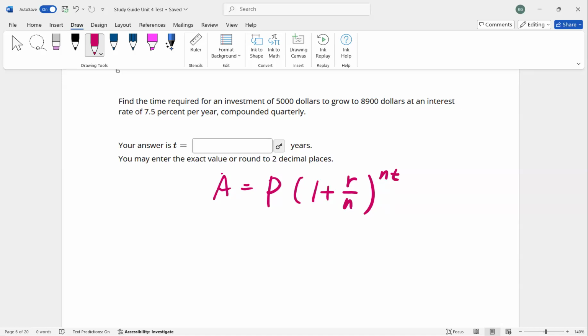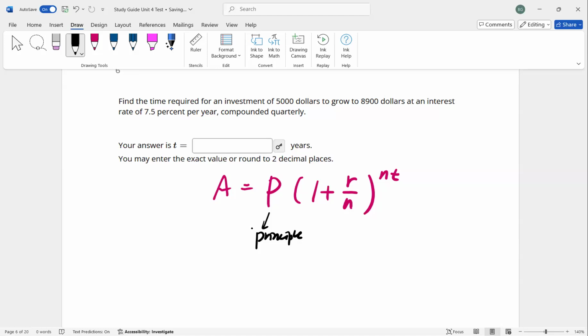Let me explain the meanings of those variables. P is the principal, the initial principal, the original money you deposit in an account.